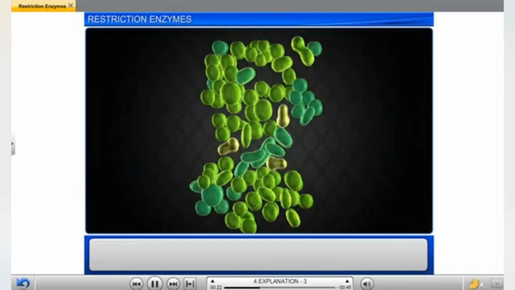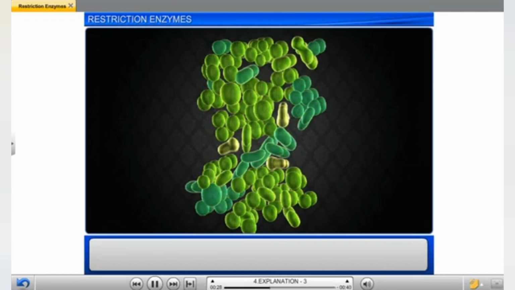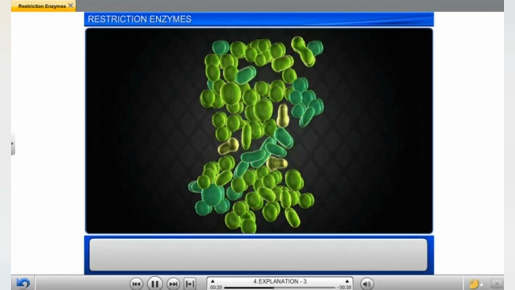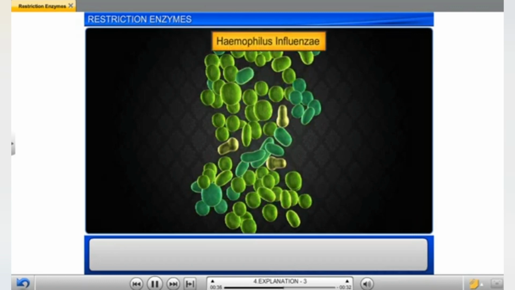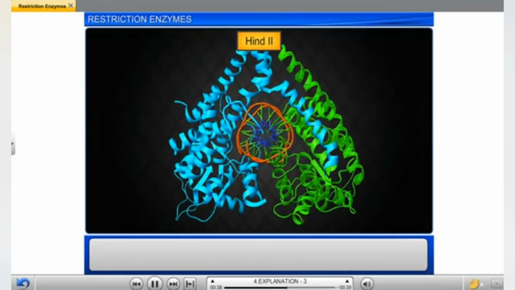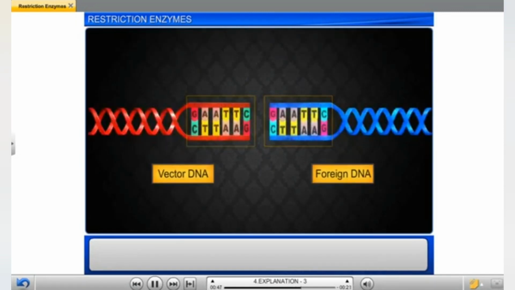Thereafter, in 1968, scientists H. O. Smith, K. W. Wilcox, and T. J. Kelly, while working on Haemophilus influenzae, isolated an enzyme called HindII. HindII was the first restriction endonuclease whose functioning depended on a specific DNA nucleotide sequence.